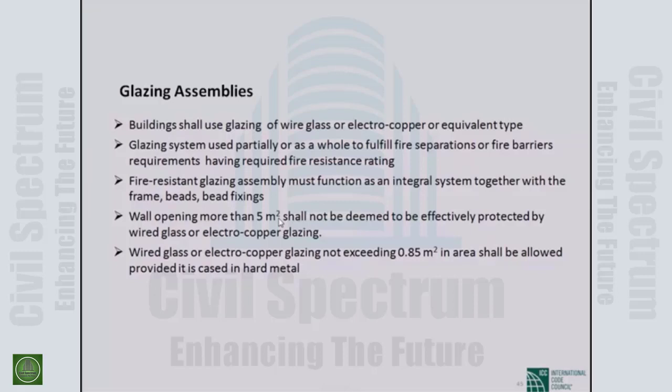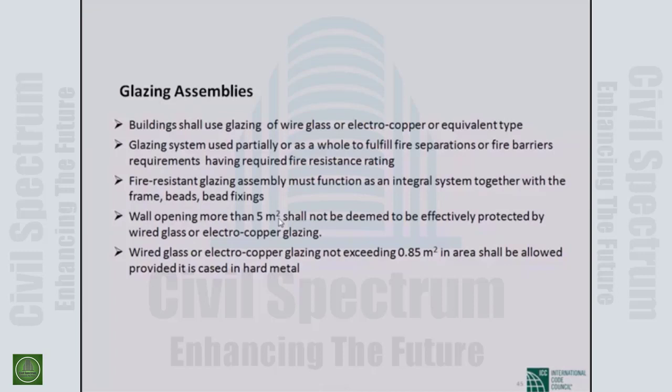If you like to make a protective type of glass window, you have to select a particular type of glass for different fire ratings. If you do not need to protect, for unprotected glass windows, you can use any type of glass. So you have to remember two things: whether you are making a protected type of windows or doors or unprotected type.